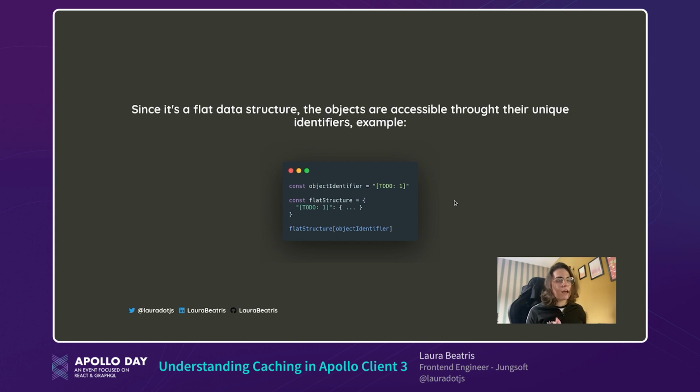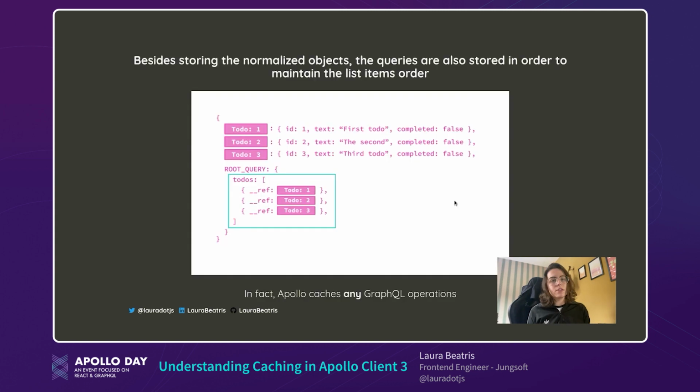So it's really fast. And besides storing the normalized objects, the queries are also stored in order to maintain the list items order. When you execute the query for the first time, the data will come from the server and will be saved in the cache.